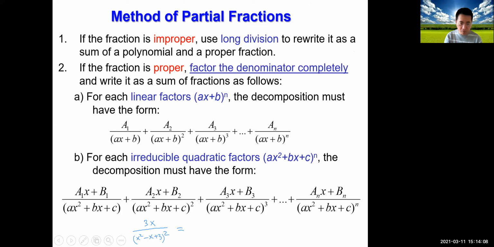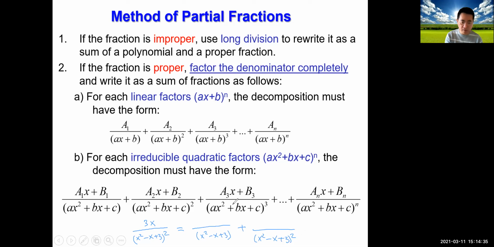So that's why we call it an irreducible quadratic factor. And since this has the second power, we will have 2 denominators. To start out with, this irreducible factor, x squared minus x plus 3 to the first, and then plus the same thing, x squared minus x plus 3 to the second, and stop at the second.